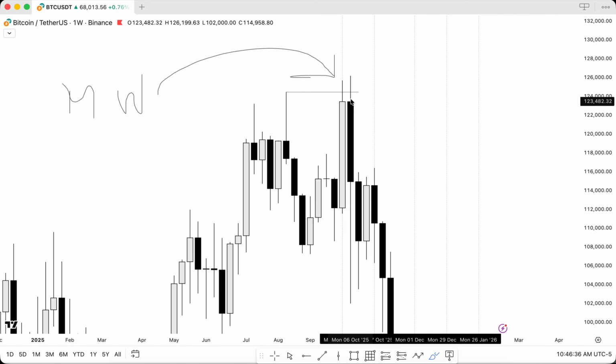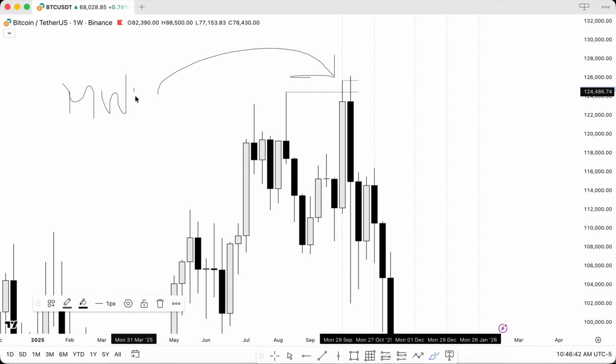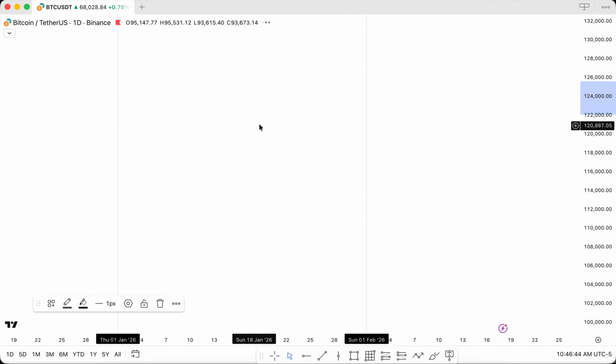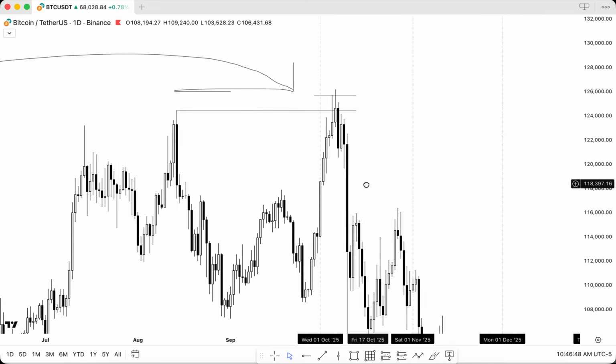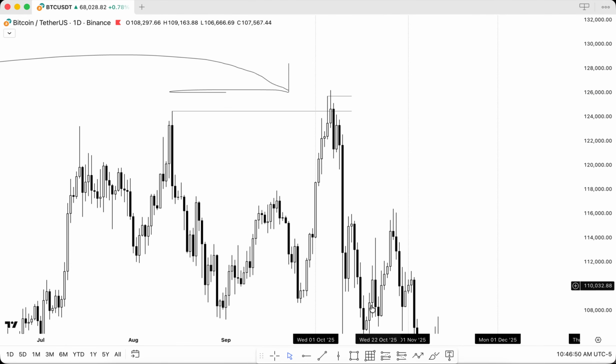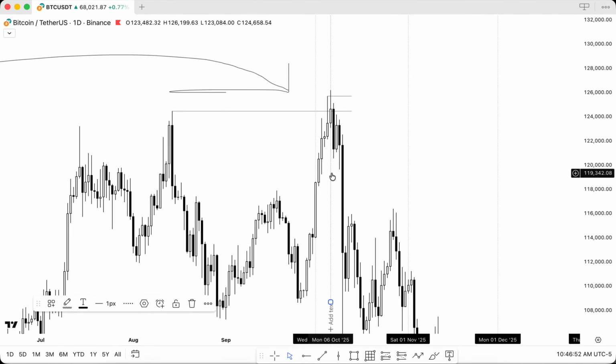What is showing right there? Same thing, right? Now if we align monthly and weekly, and go to the daily again, what do we have? This is the week.